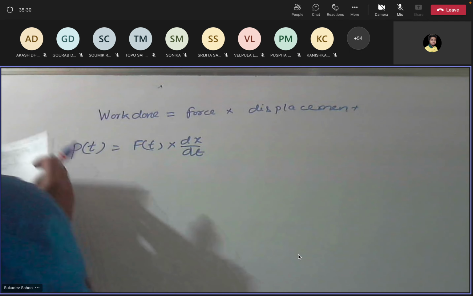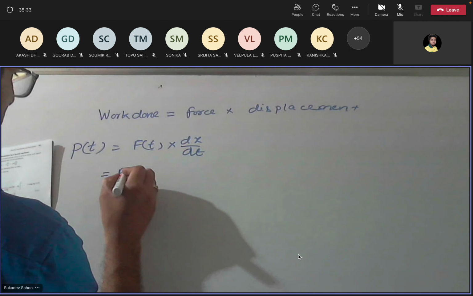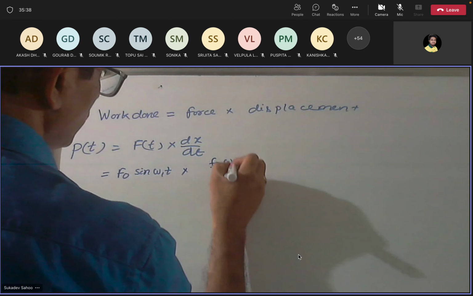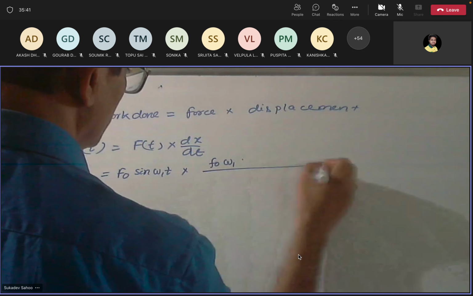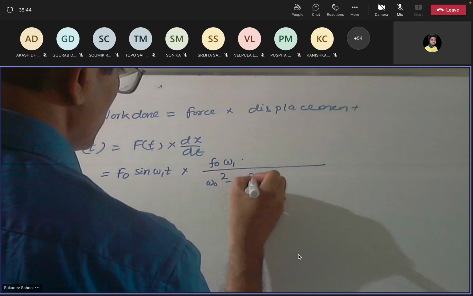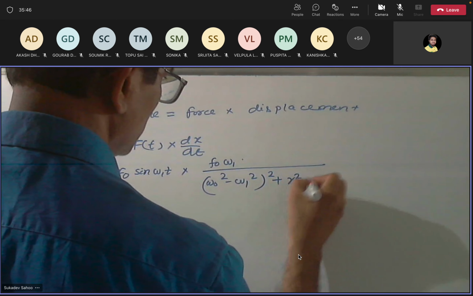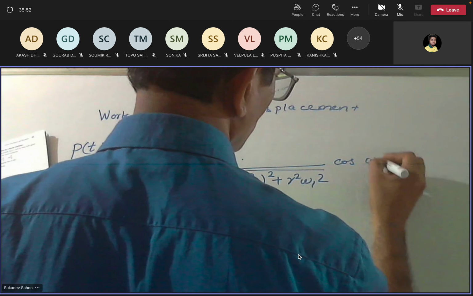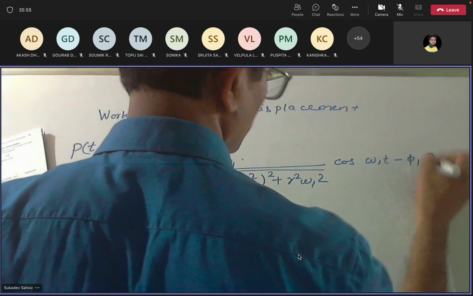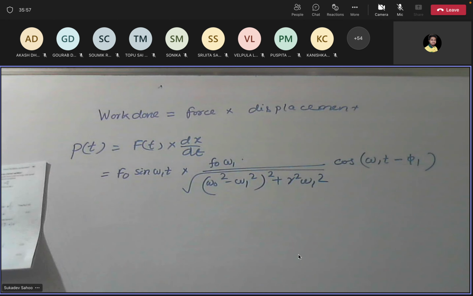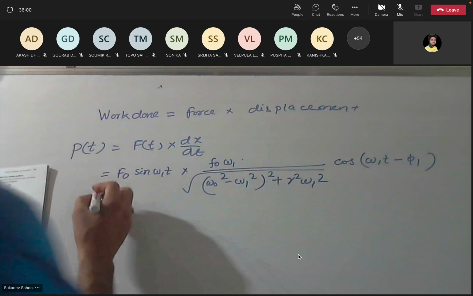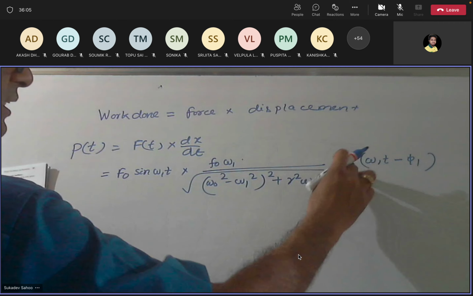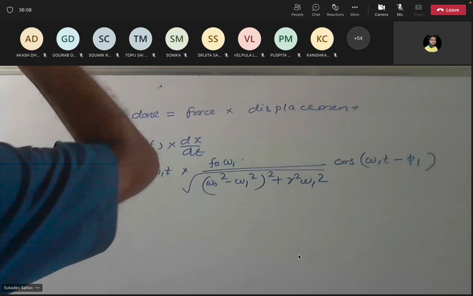So substituting these values, we can write this as F0 sine omega 1t into F0 omega 1 divided by the square root of omega 0 square minus omega 1 square, whole square, plus gamma square omega 1 square, into cos of omega 1t minus phi. Only substituting these values and simplifying, we write this as sine omega 1t into cos omega 1t.